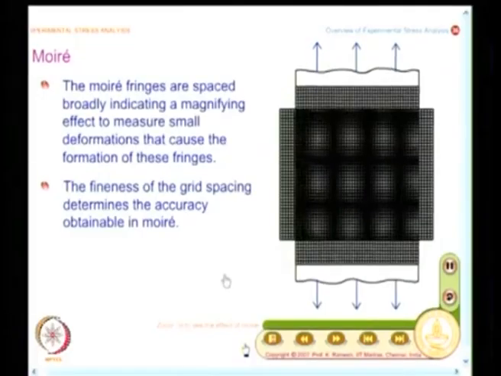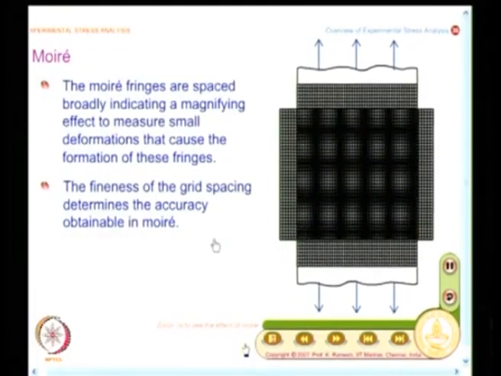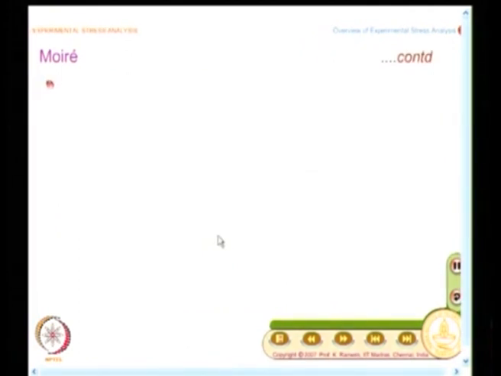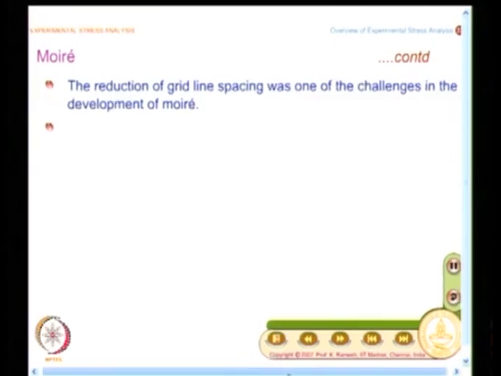But from a user point of view and data interpretation point of view, it is always better that you have one piece of information at a time, okay, because you get much better information when you do that. So, the fineness of the grid spacing determines the accuracy obtainable in Moiré, and that is what is shown here. And let us look at some numbers. Okay.